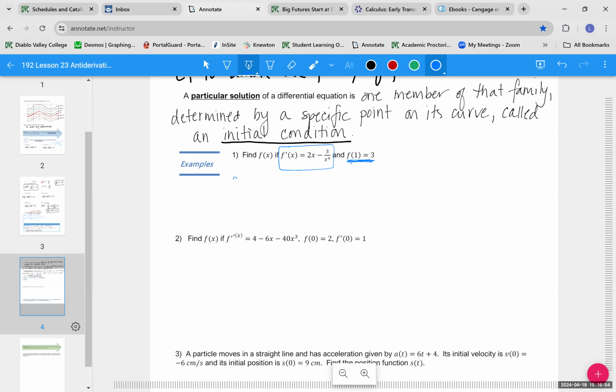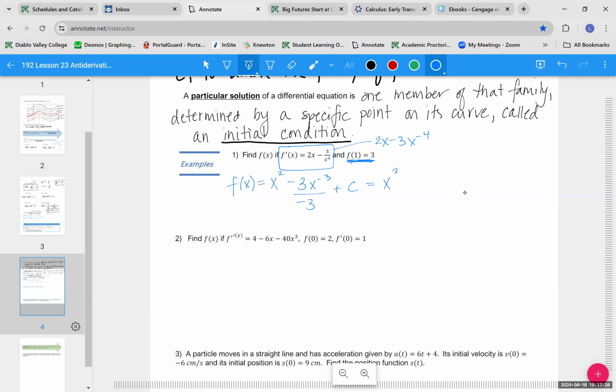I'm going to go ahead and find the general solution by figuring out the function. So I might want to think of that as 2x minus 3x to the negative 4, so that when I go to add 1 and then divide by that number, it's a little easier to do. Clean that up just a little.